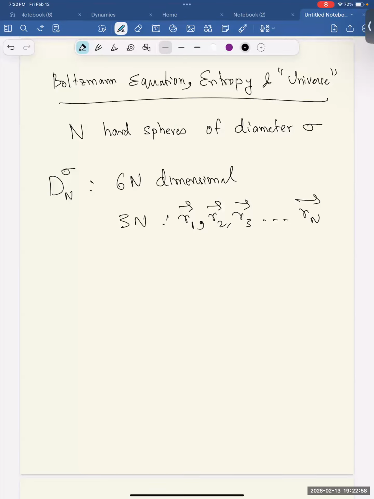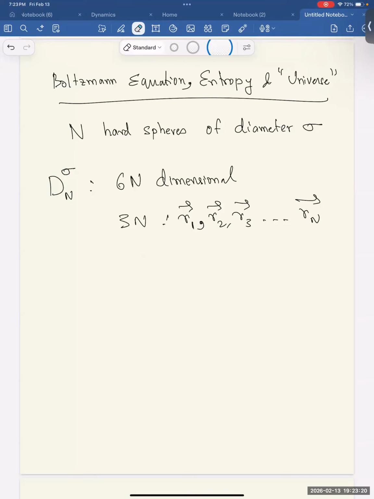And of course, this phase space has holes in it because spheres cannot penetrate each other, right? So at best, the distance between R1 and R2 is greater than or equal to sigma. Okay, so it is a large phase space with holes in it.